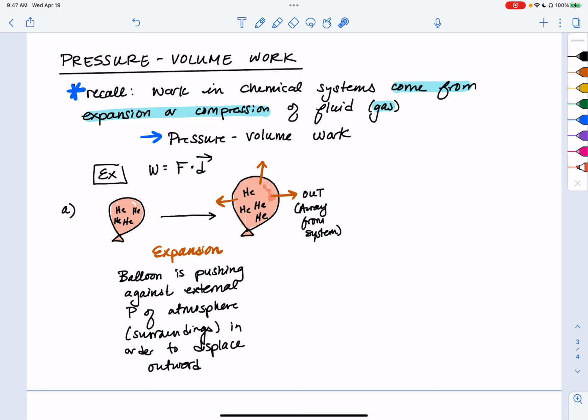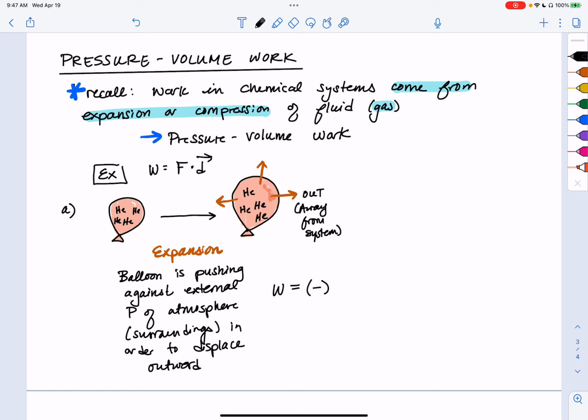So if I am looking at what's going on here, I would say that the sign of my pressure volume work must be negative. So what does this mean?